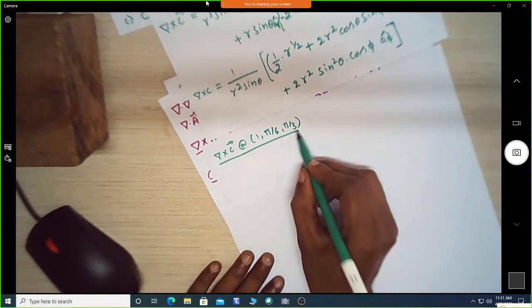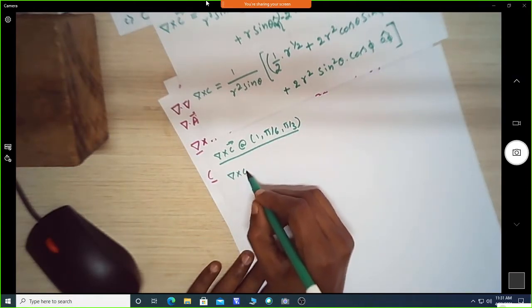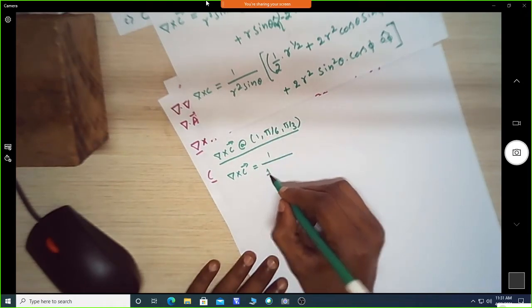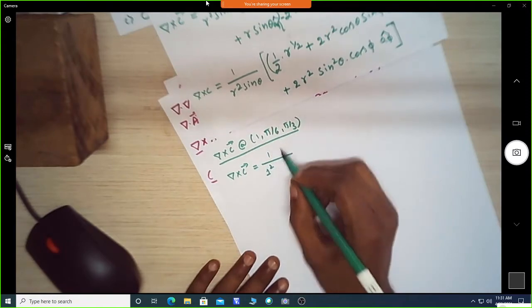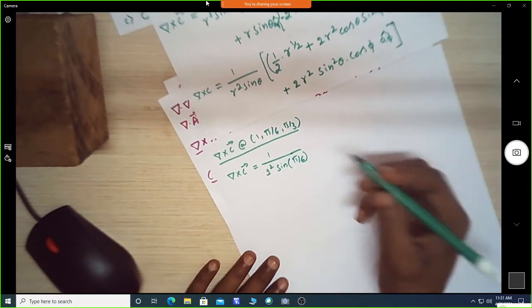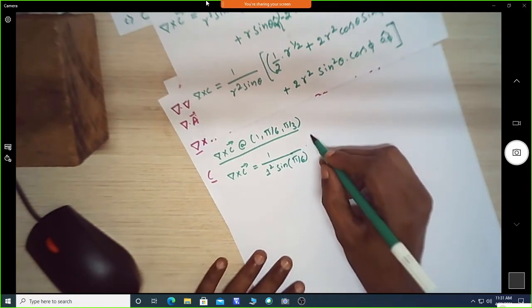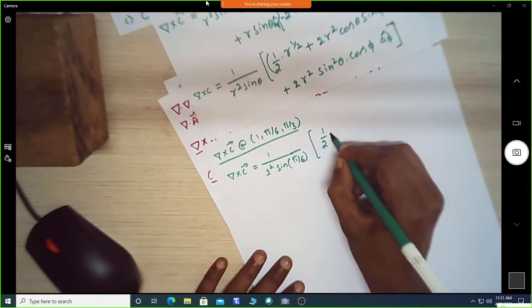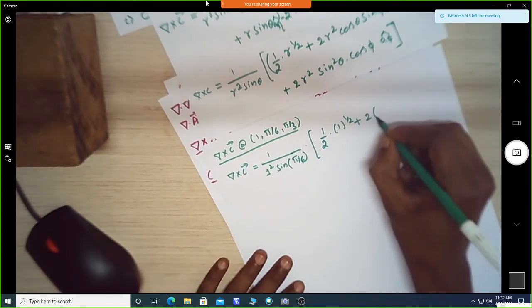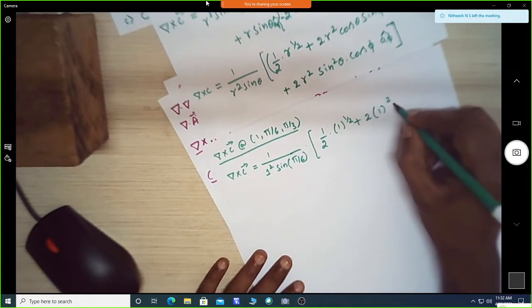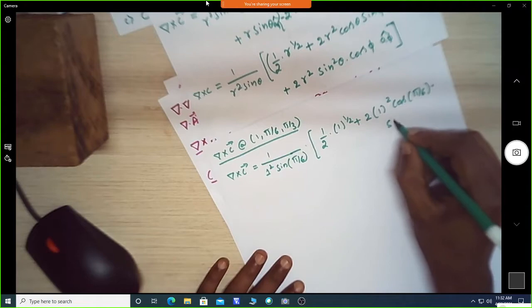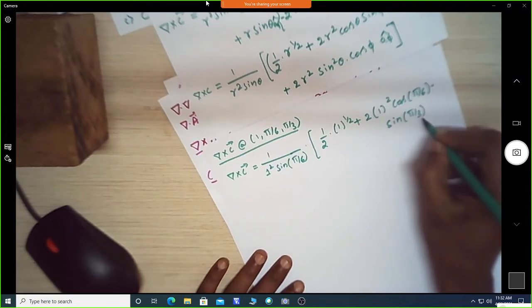Put the values: r is 1 square, sin theta is sin of pi by 6, this into 1 by 2 into 1 power half plus 2 into 1 square, so cos of pi by 6 into sin of pi by 3.